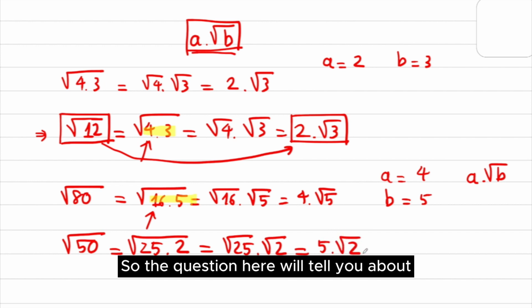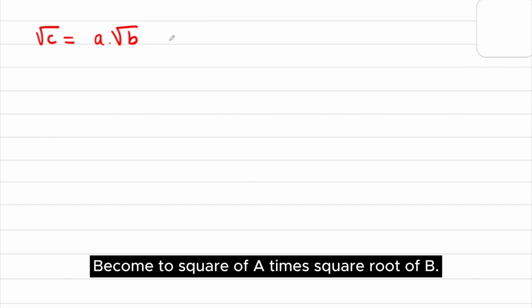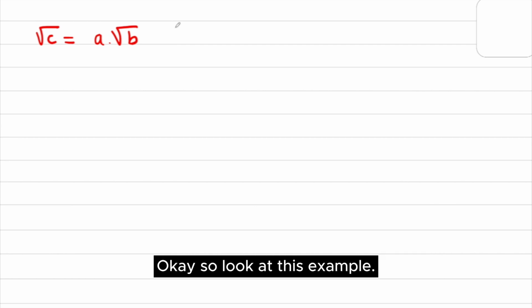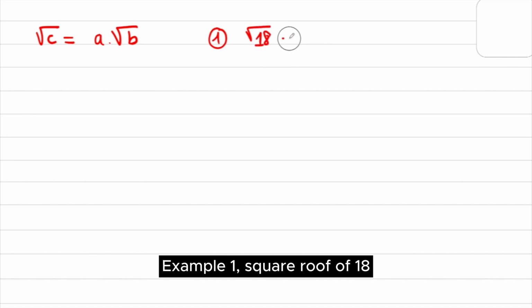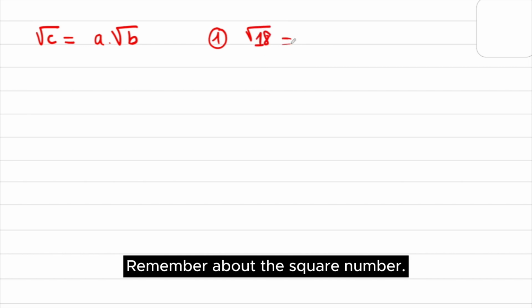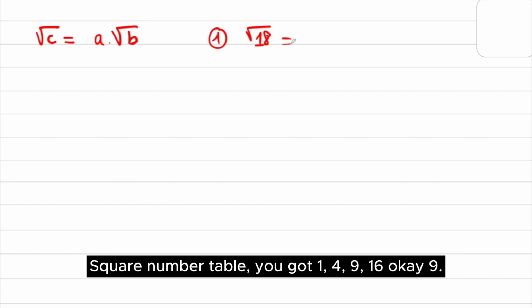So the question here will tell you how to change from square root of c to a times square root of b. Okay, so look at this. Example 1, square root 18. Okay, remember the square number table, you got 1, 4, 9, 16.